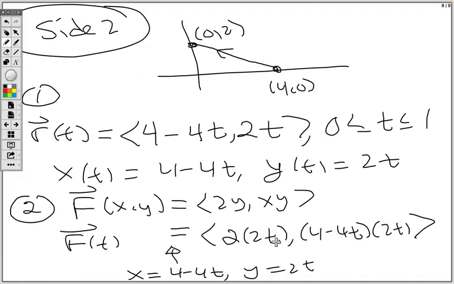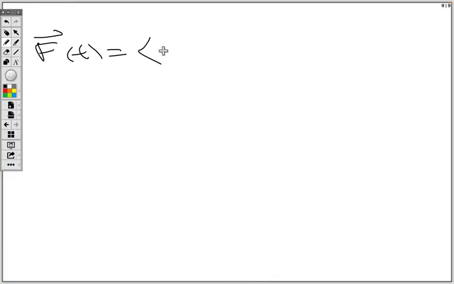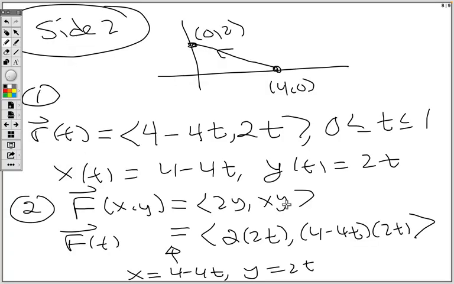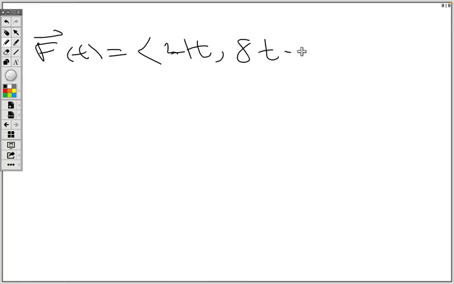And so F of t would be, I get 4t in the first component there. What do you get when we multiply out that second component? Yep, 8t minus 8t squared. There you go.